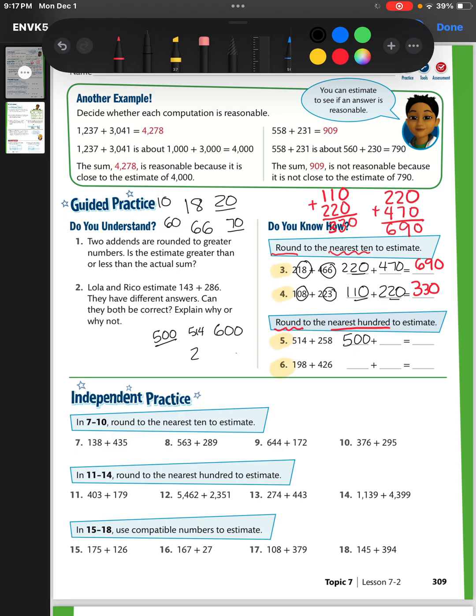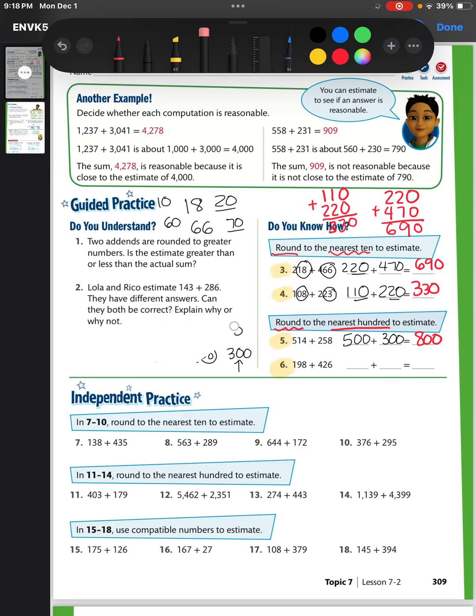And 258 is between 200. The next 100 is 300. If I look here, the 58 lets me know that I've hit that midpoint, and so it would round up to the next 100. So I'm able to look at this and say 500 plus 300 is 800. That's how I find the sum.